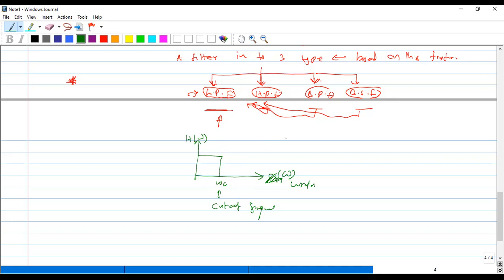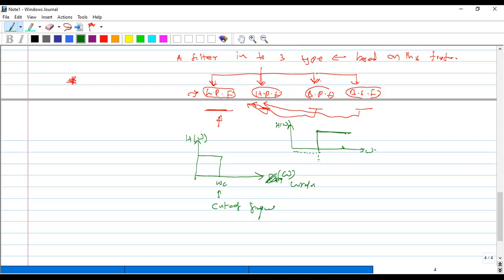And for a high pass filter, it is somewhat like this. So this is the high pass filter, and this is H omega, and this is omega. You can see that the filter does not pass in this section, and it passes in this one.